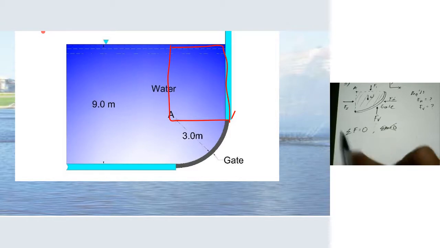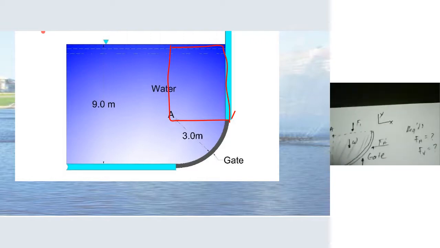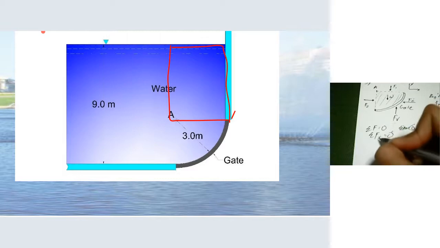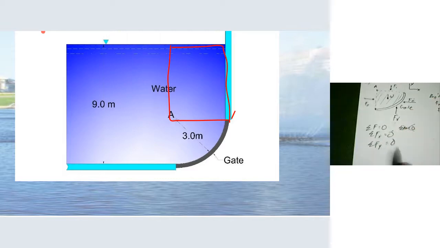We'll just utilize the summation of forces equals 0. Now, we have two components here, x and y. So we will have summation of forces along x, or along horizontal, and summation of forces along y, or along vertical.